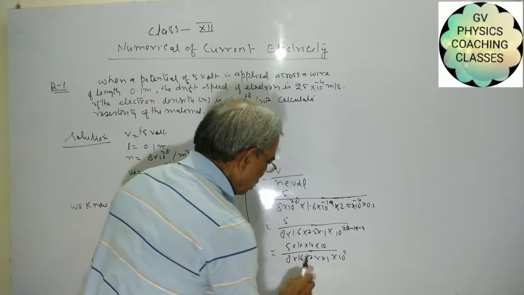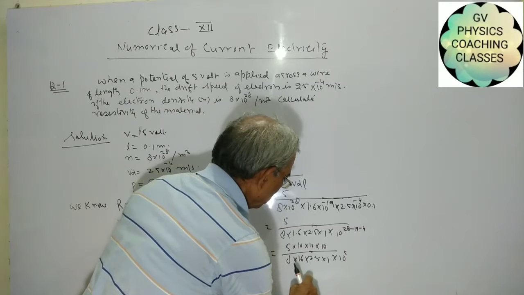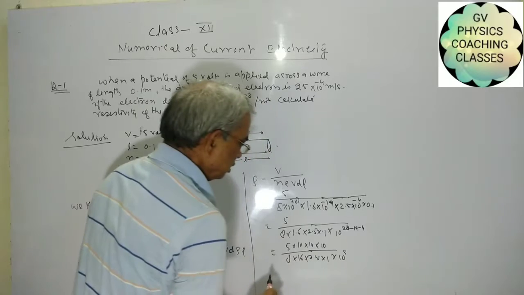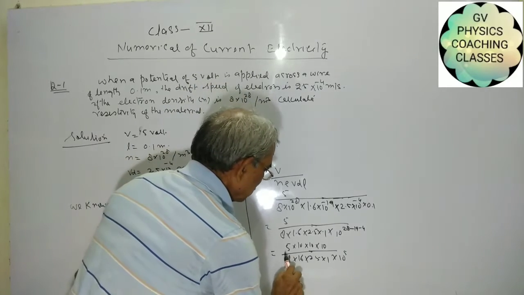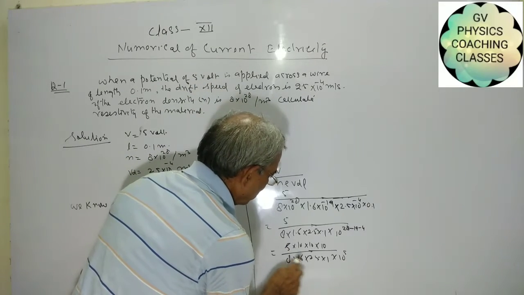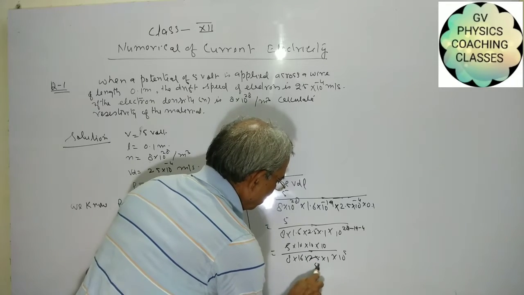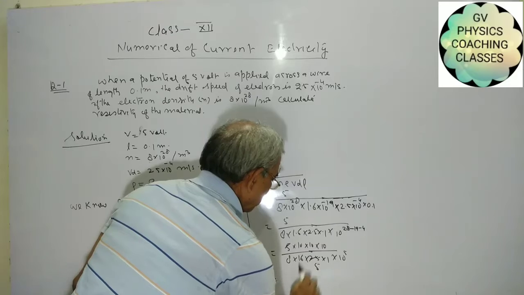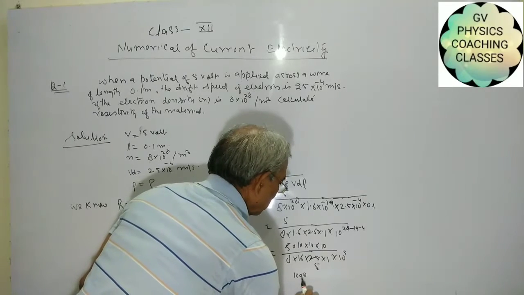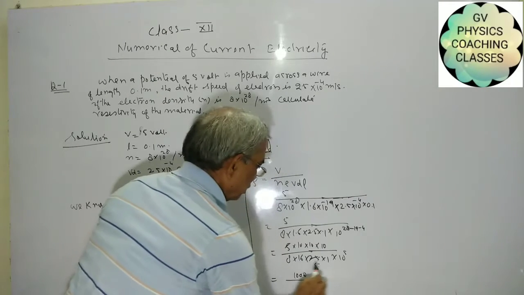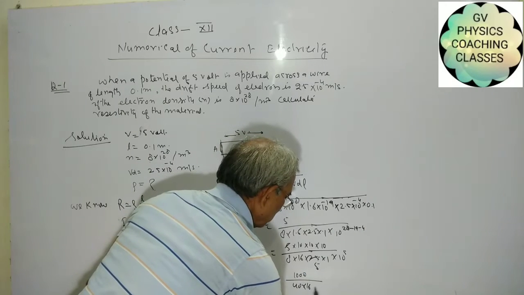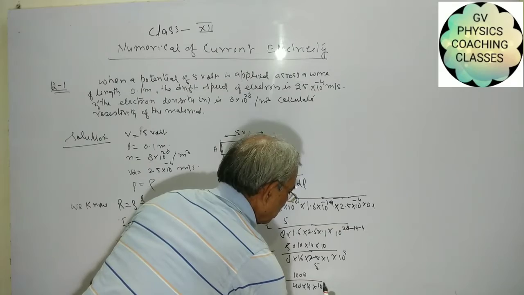Now this becomes 5 fives are 25. Then 1000 upon 40 into 16 into 10 to the power 5.